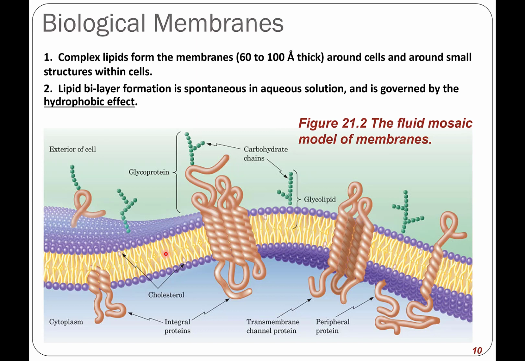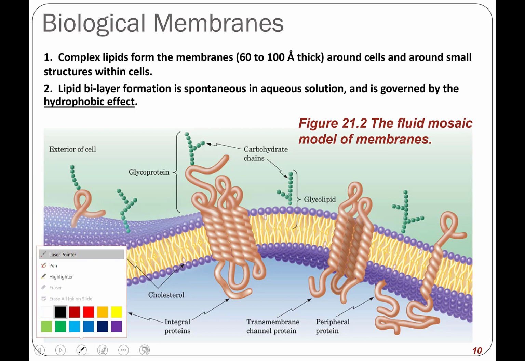Maybe I should draw this out in a second. The interior region is very nonpolar. The exterior region is very polar or hydrophilic. And so to take one of these and bring it to the other side, you would have to flip-flop it, bring the polar region through the nonpolar portion of the membrane, and that doesn't happen easily.